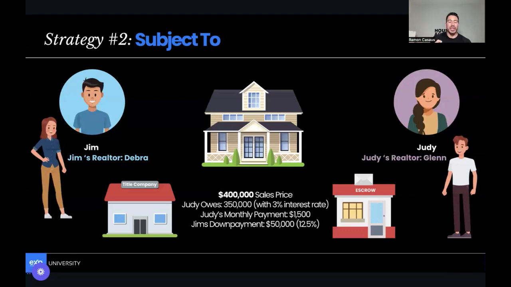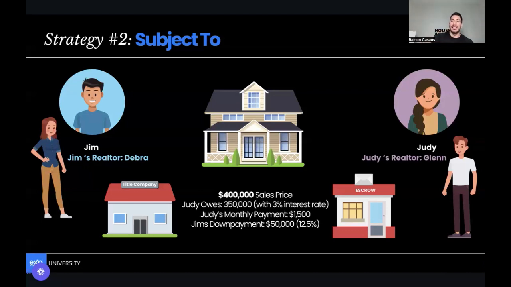With the sales price being $400,000, Jim is going to come in and give Judy her remaining equity in cash. Jim is going to put down $50,000, which is 12.5%. So Jim is going to give Judy her remaining equity of $50,000, and when I say he's going to assume, I mean he's going to continue paying the current $1,500 payment.